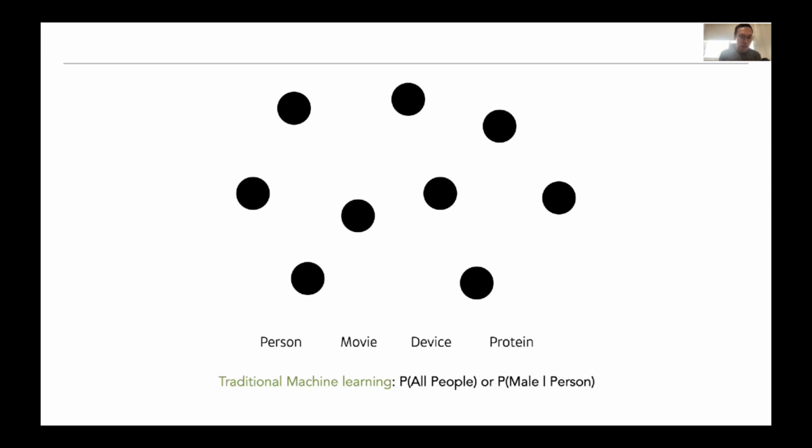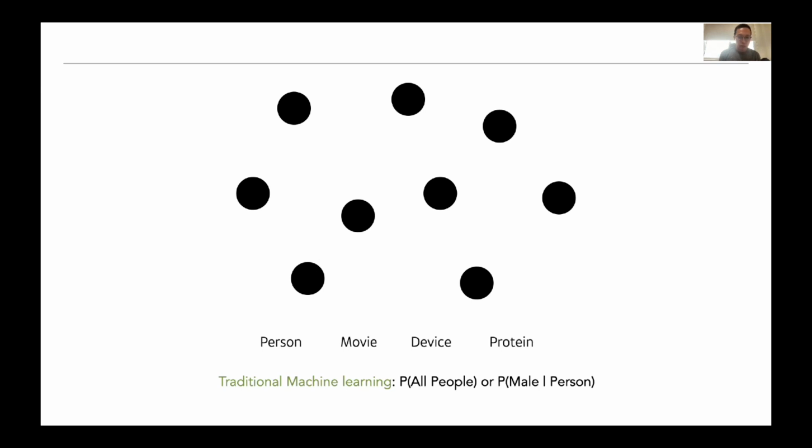In the traditional machine learning problem, they try to understand these persons, movies, devices, and proteins individually, without considering their dependencies and relationships.